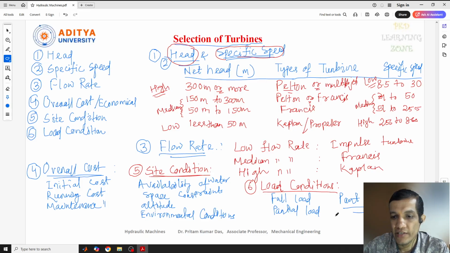The efficiency can be obtained for the full load, even for the part load also, but it depends on the turbines also, which kind of turbines we are using. If you are using an impulse turbine, then there is no chance of cavitation, so there are no chances of losses, and you can expect better efficiency.